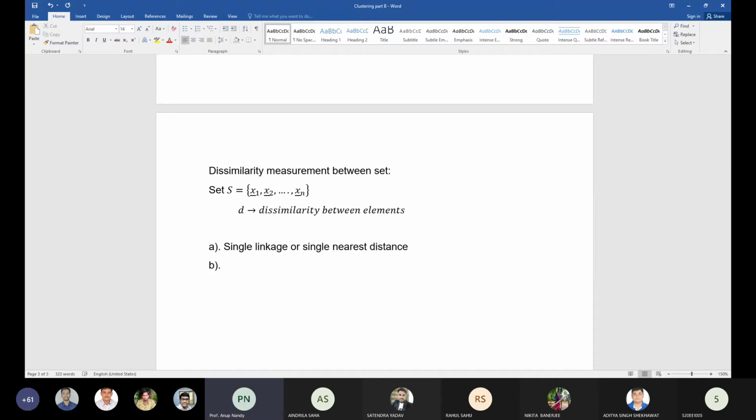Because you need to do this dissimilarity measurement, you can apply single linkage, complete linkage, or average linkage. Complete linkage is called the complete farthest distance, or complete linkage.